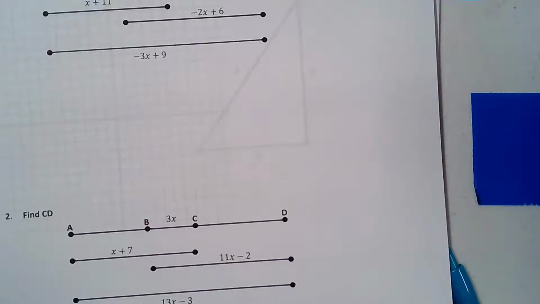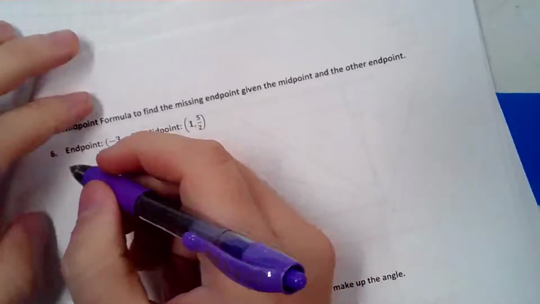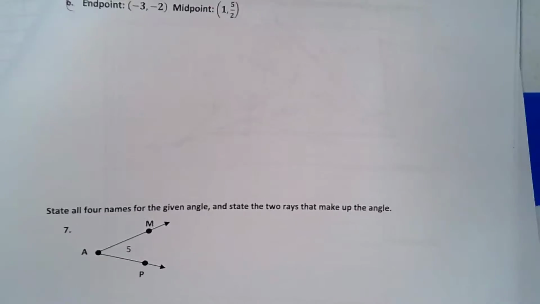So I'm going to guess, and you can correct me if I'm wrong. You're going to want to see number 2. You're going to want to see number 3. You're going to want to see not number 4, but number 5, because number 4 is just midpoint. And I bet you're going to want to see number 6. You're not going to care about 7 or 8. You might want to see 9 through 12, maybe, but not really.